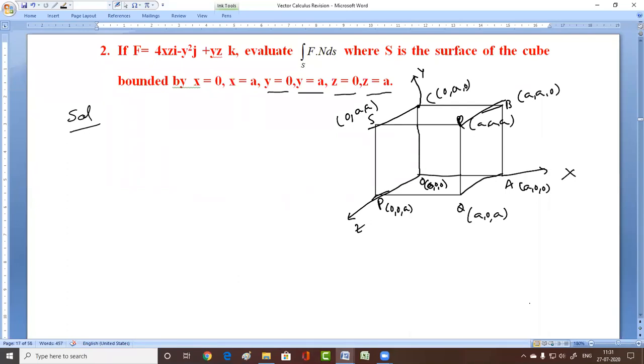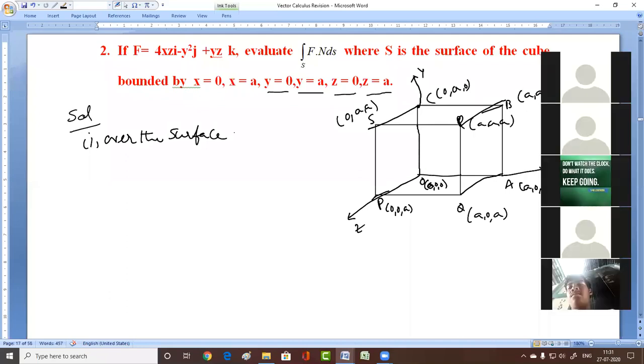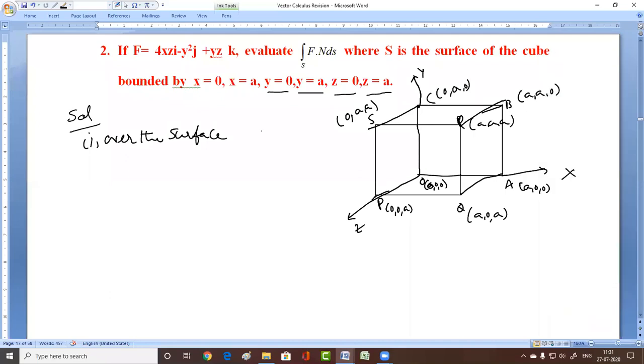First, over the surface, listen carefully. I will take ABRQ. First, we will find the surface integral over ABRQ. What is the unit outward normal to this surface, this wall?